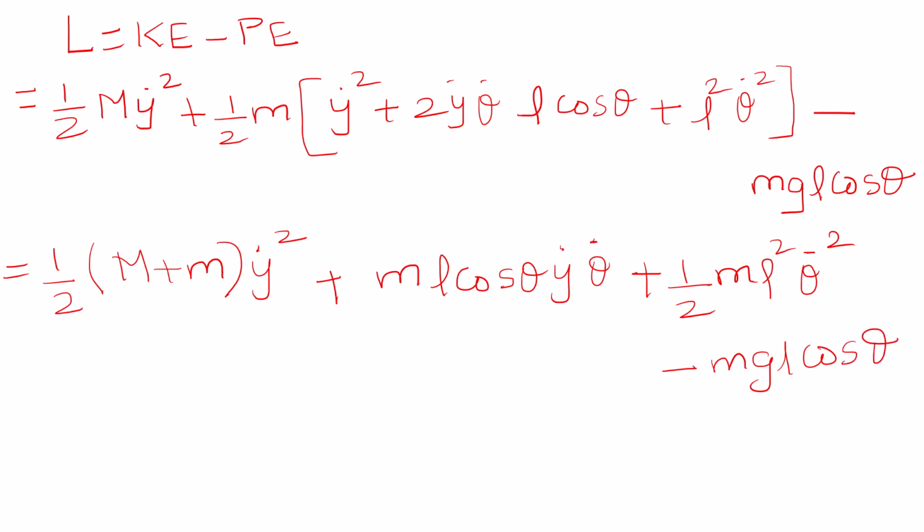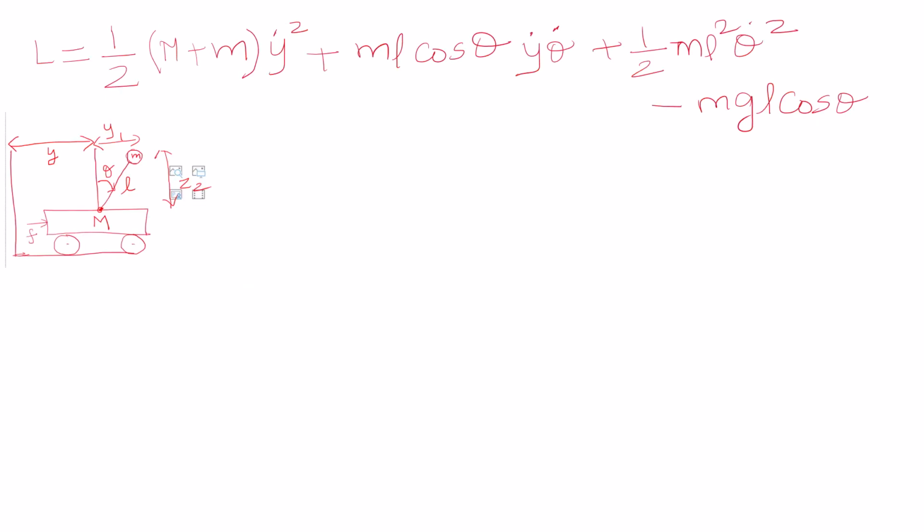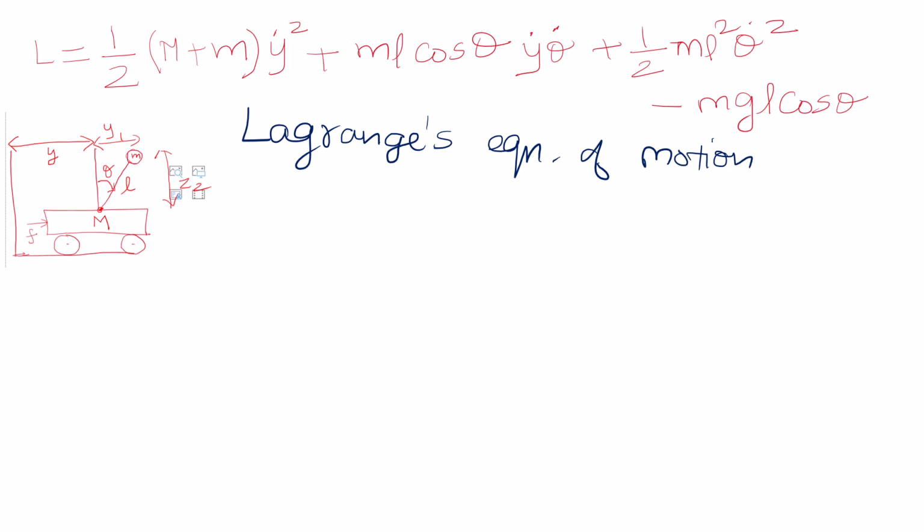Now we have to get the equation of motion by applying this Lagrangian in the Lagrange-Euler equation. As discussed earlier, the Lagrangian equation of motion for the system is represented by two equations, as we have taken two coordinates.